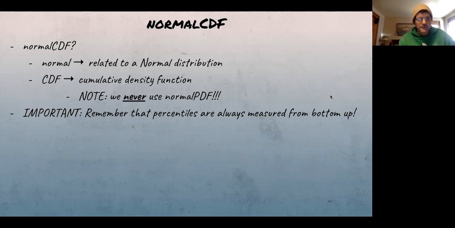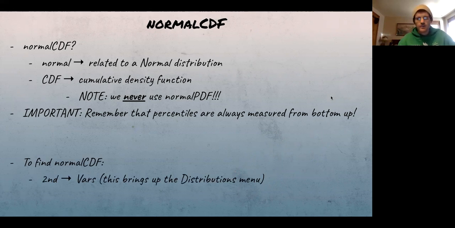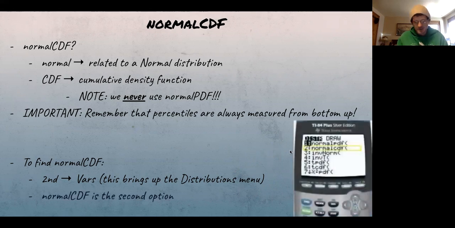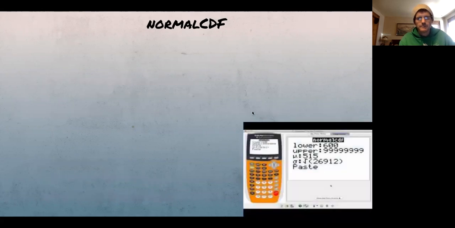Okay, on your calculator to find normal CDF, and I'm not necessarily going to give visual demonstrations of this, you hit second, and then you'll notice by the arrows you have vars, variables. So second, and then that button brings up your distributions menu, and normal CDF is the second option. You can see normal PDF, we want to just skip right past that one. And you can go ahead and open up that menu because it's going to bring up another thing.